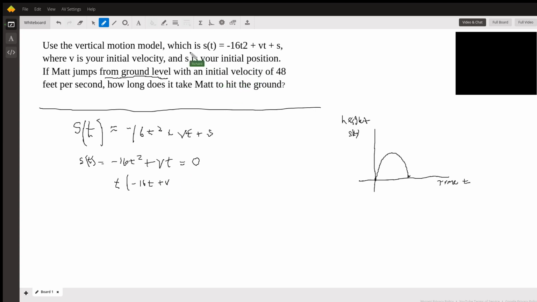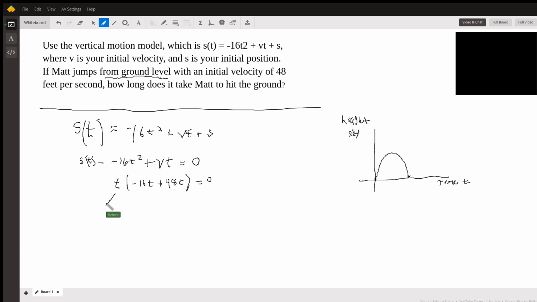And we're told the initial velocity is 48, so let me put that in there. And all we have to do is solve this now.